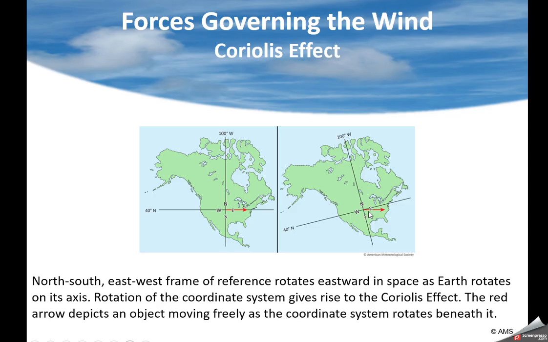In the northern hemisphere, it acts to the right of the wind, of the other forces. So in other words, if air was moving from west to east, the Coriolis effect would tend to want to make it turn towards the southeast. It would be pushing away to the right.